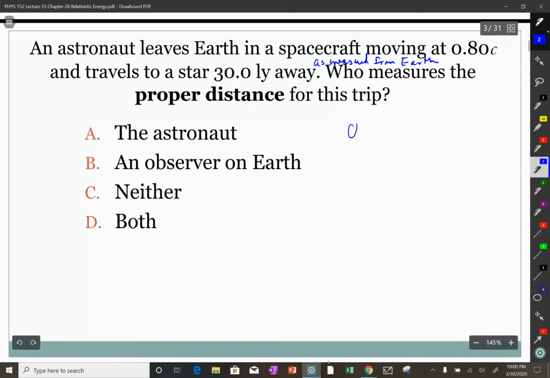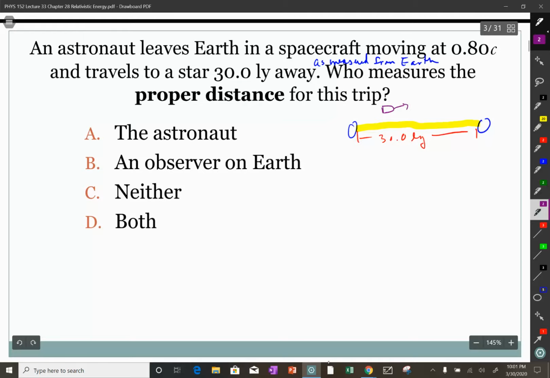So now we have these two objects, the Earth and wherever he's traveling or she's traveling. And a person on Earth sees the starting and ending points as stationary and measures this as 30.0 light years. Whereas the person in the spacecraft is traveling between the two.